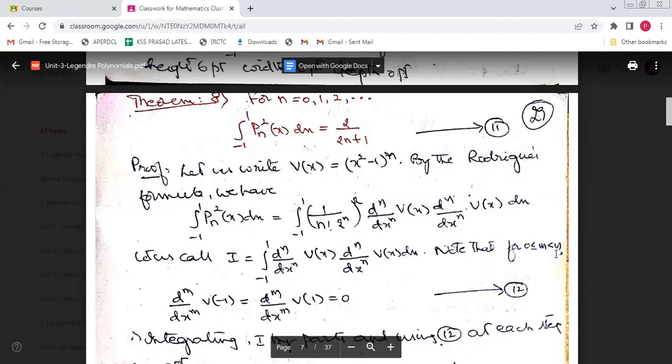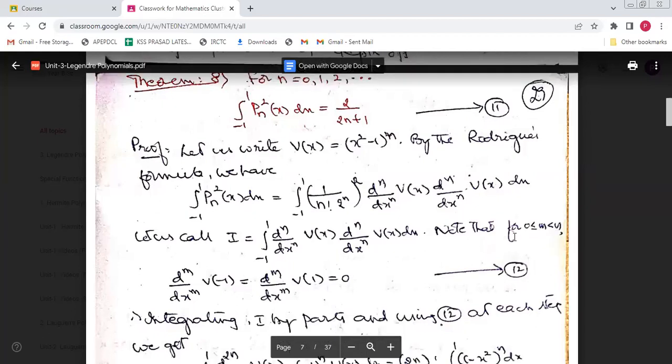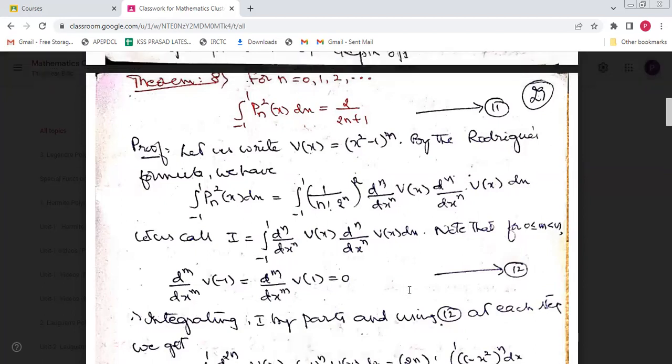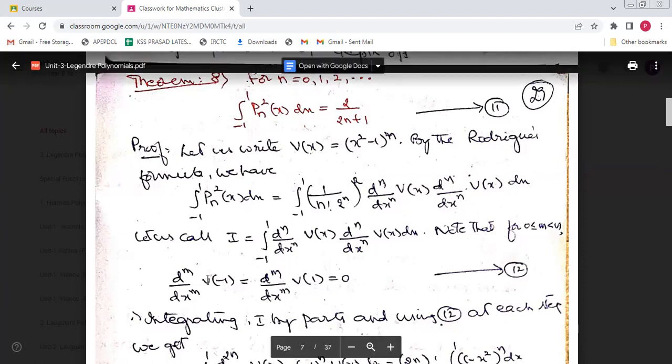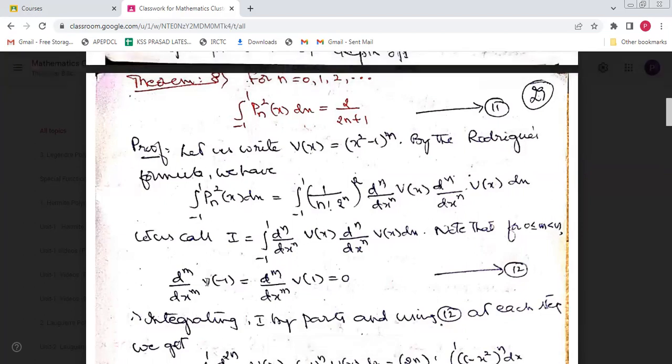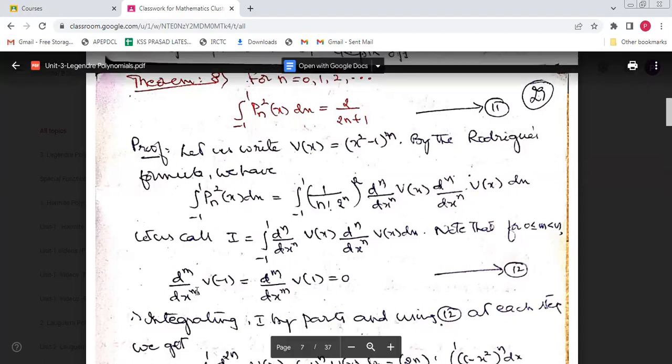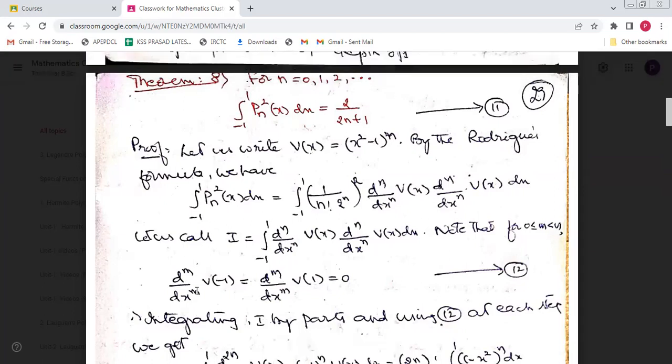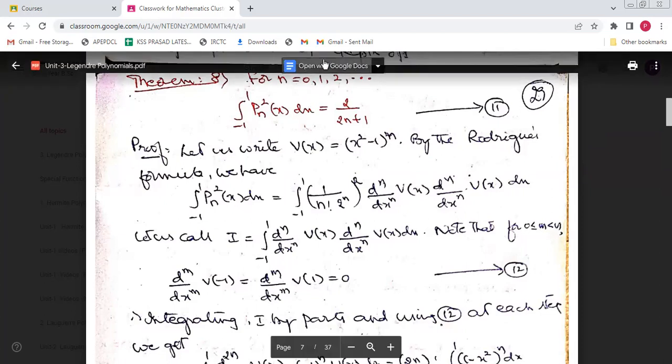Automatically that becomes 0. అదే విధంగా mth derivative of this function at minus 1 గాని plus 1 గాని పెట్టినా, automatically this value becomes 0. What is v of x? X square minus 1 whole power n. How many number of times we are differentiating? ఎన్ని సార్లు డిఫరెన్షియేట్ చేస్తున్నామండి? m times. అప్పుడు దాని వాల్యూ ఏమవుతుంది? 0.